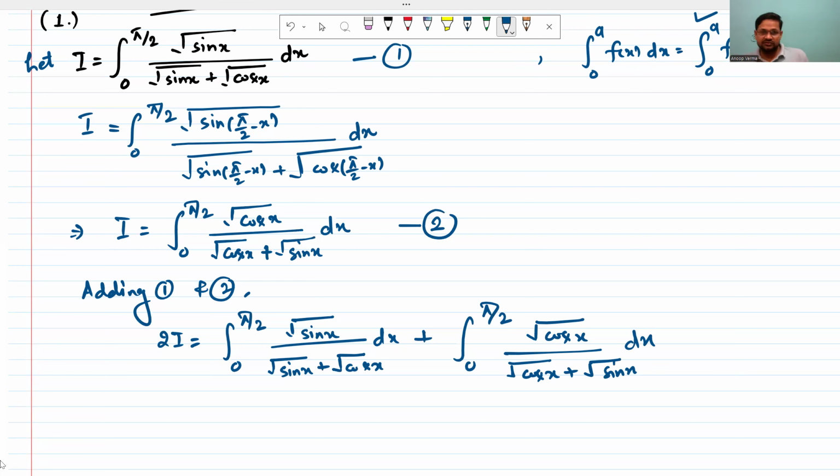So on the LHS we have 2 times I, and on the RHS we added both expressions, and the denominator of both expressions is the same.